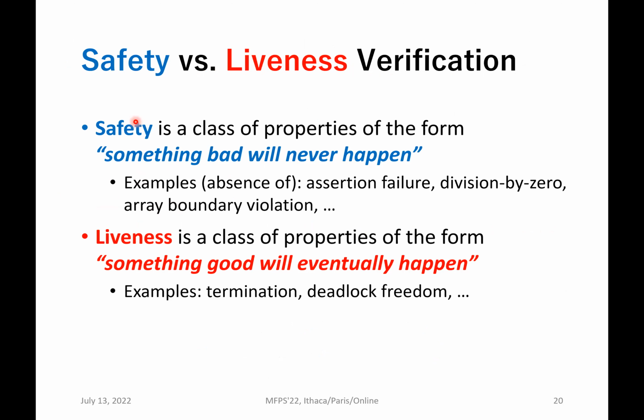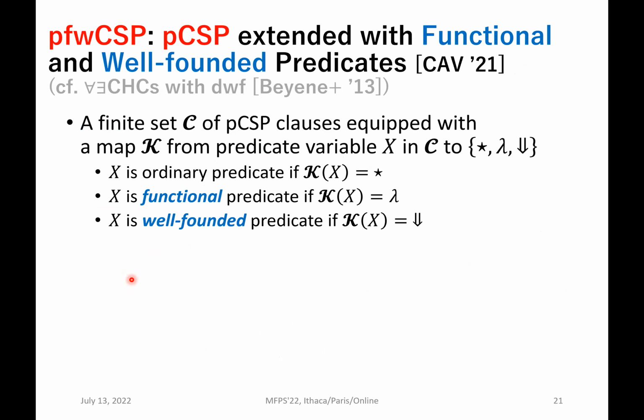As you know, safety is a class of properties of the form that something bad will never happen, while liveness is a class of properties of the form that something good will eventually happen. PFWCSP extends PCSP with functional and well-founded predicates.